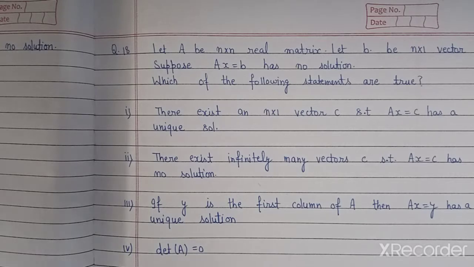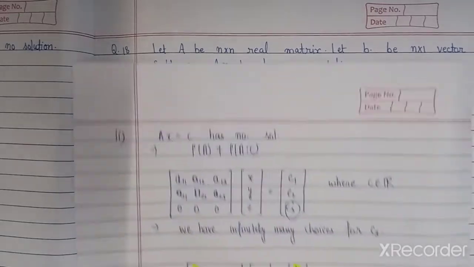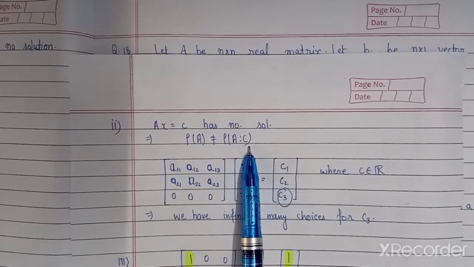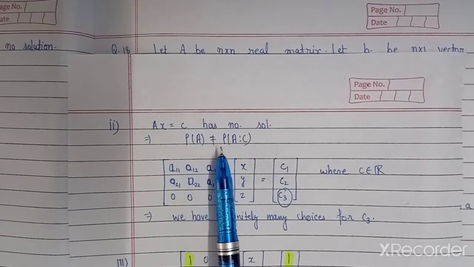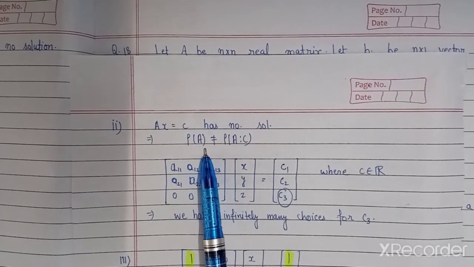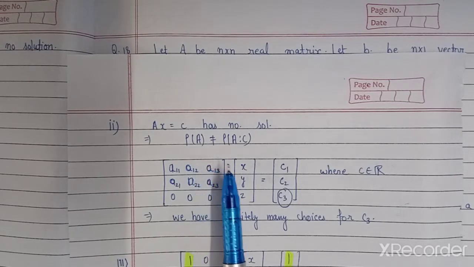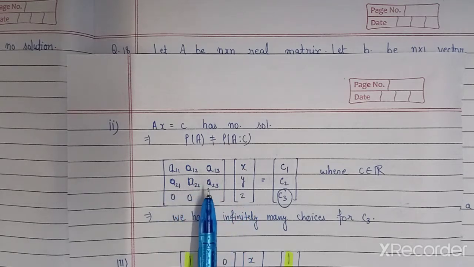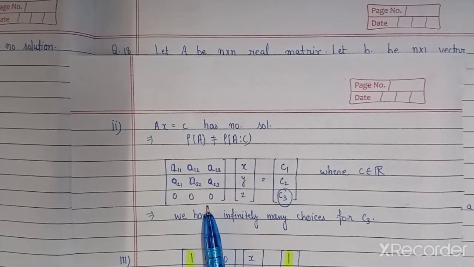Then option number second: there exist infinitely many vectors C such that Ax = C has no solution. No solution means rank of A is not equal to rank of A augmented B. For our convenience, I take in particular n = 3. As we know that rank of A is strictly less than n, this implies rank of A is strictly less than 3. I am solving this for 3 just for convenience. So I take rank of A equal to 2. This implies one of the row vectors must be 0, or we can make it 0 by applying elementary row operations.